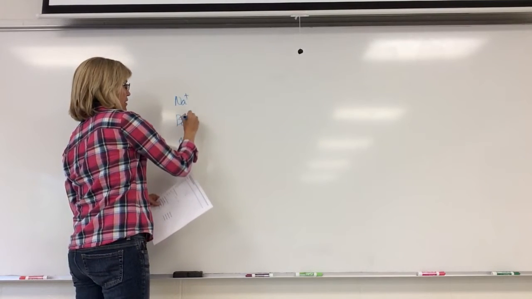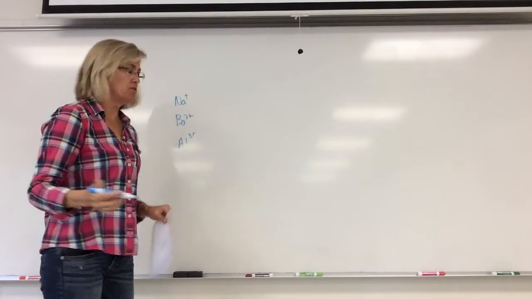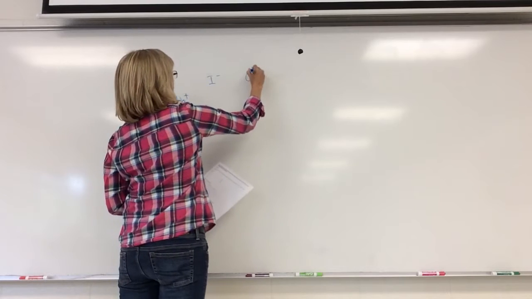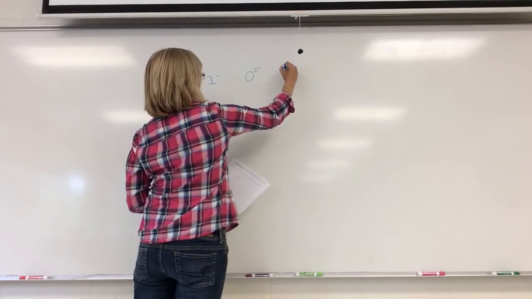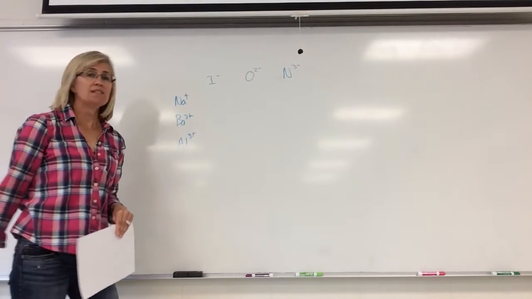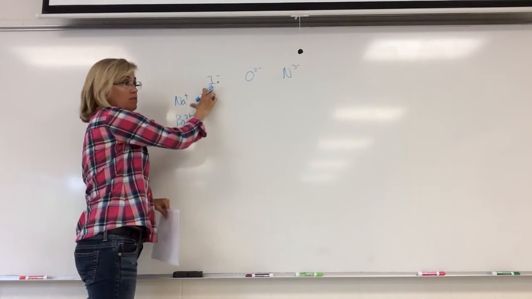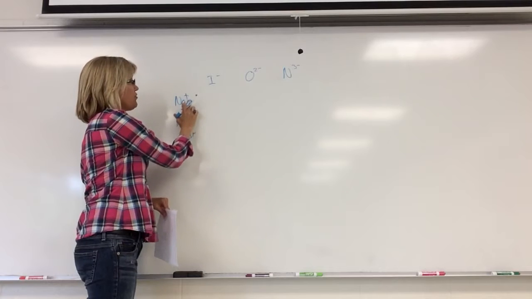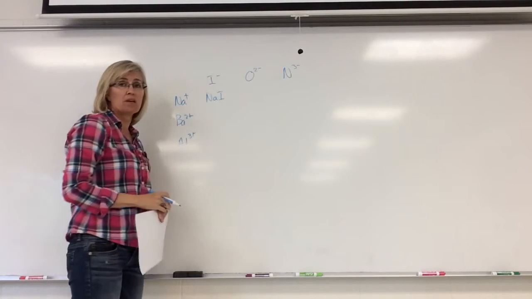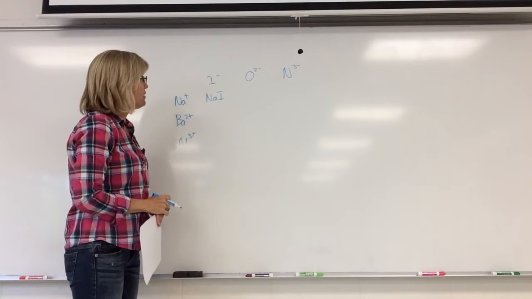Those are your metal ions that lose electrons. And then you've got an iodide, an oxide, and a nitride. The idea is I need to put these together so that they're neutral. Well, a +1 and a -1 go together 1 to 1, don't they? Because that's just fine.